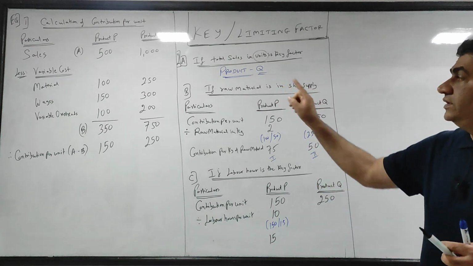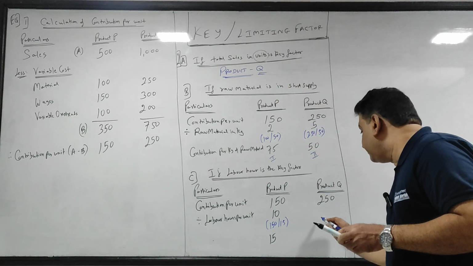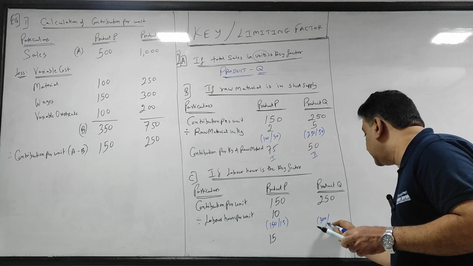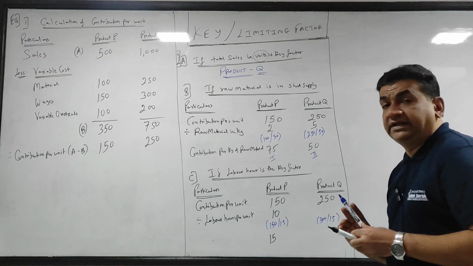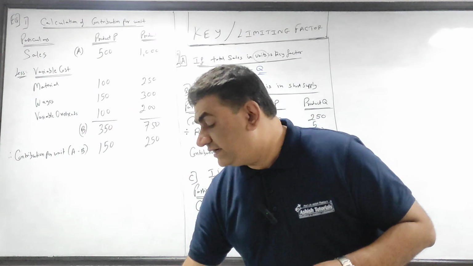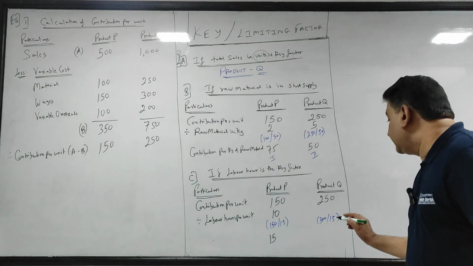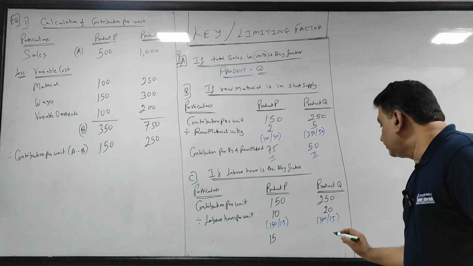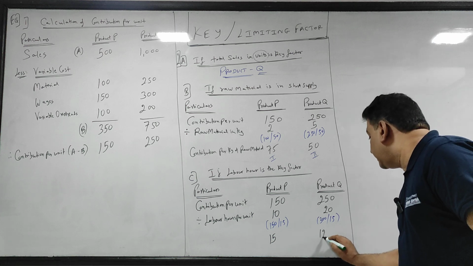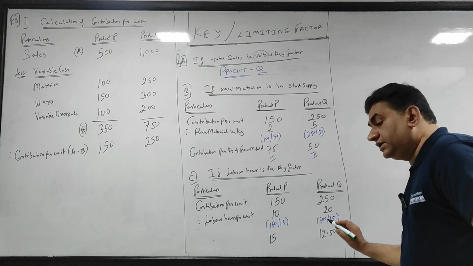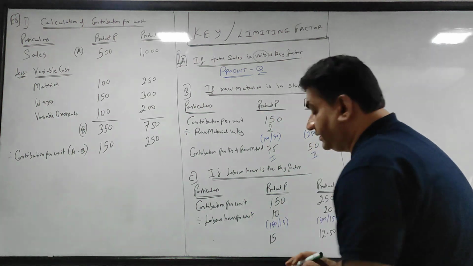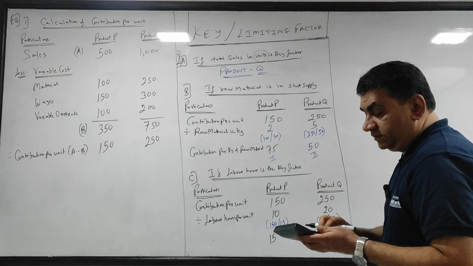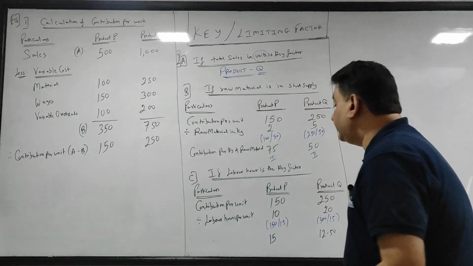And see, for Q, how much labor did I pay? Wages 300 and the rate is 15. So 300 divided by 15, how much is it? It is 20. So 250 divided by 20 gives me 12 rupees 50 paise.